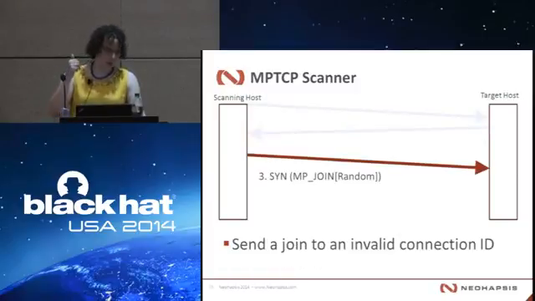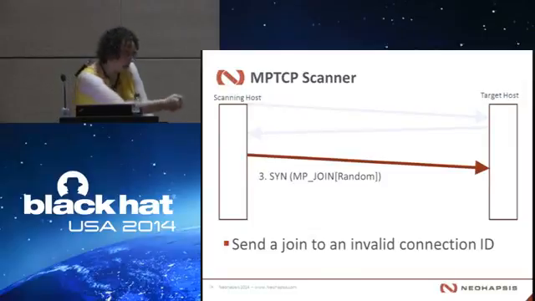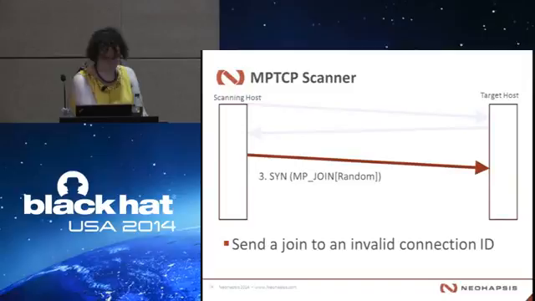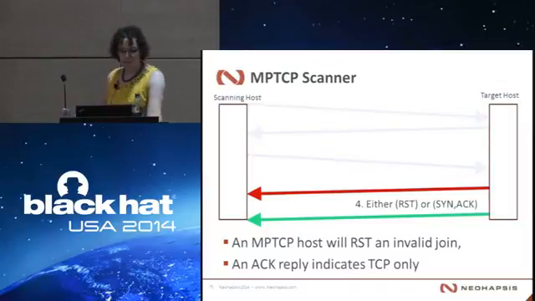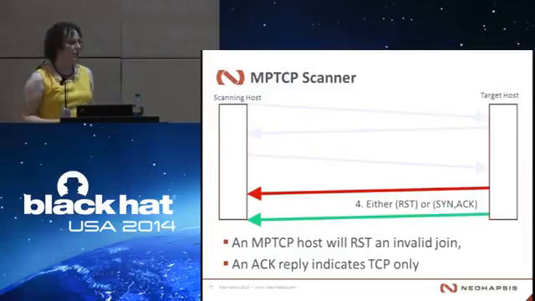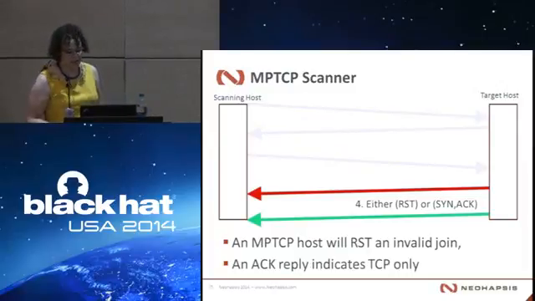So, we then send a join request to add a stream to an invalid connection. If it accepts it, it doesn't understand multipath, and it's just a standard TCP connection. If it rejects it, it'll reset it. And we know that it actually understands multipath. It's not just agreeing with us.